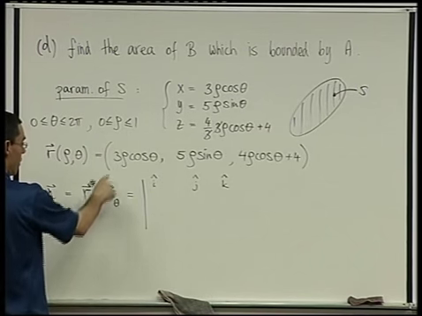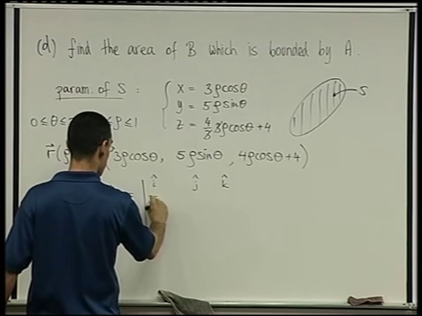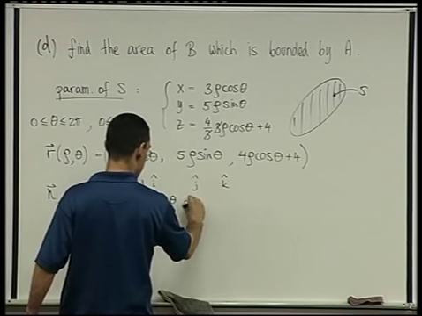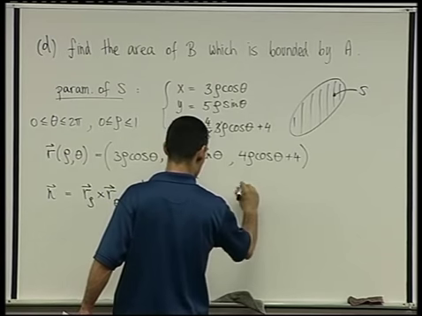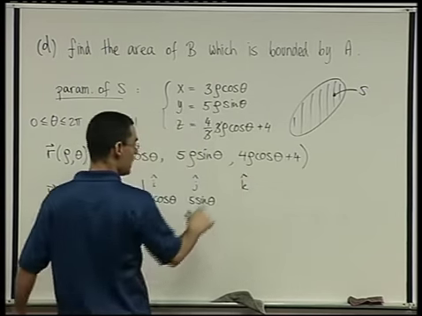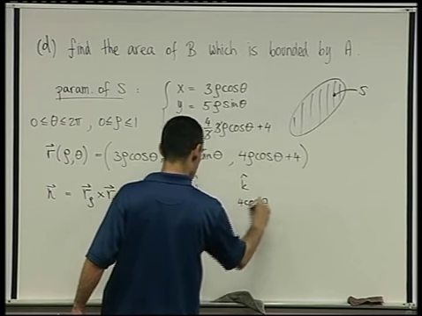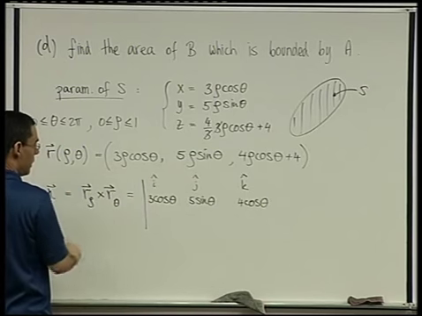So R rho, so 3 cosine theta, 5 sine theta, and 4 cosine theta. That's the derivatives of r with respect to rho. And then r theta.